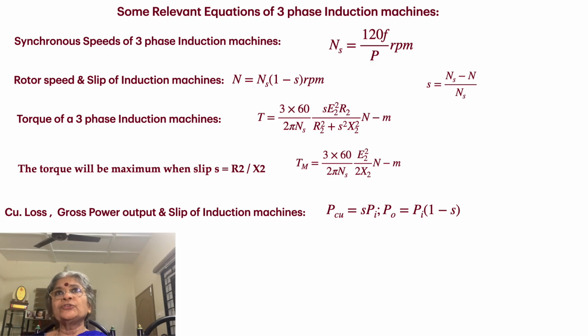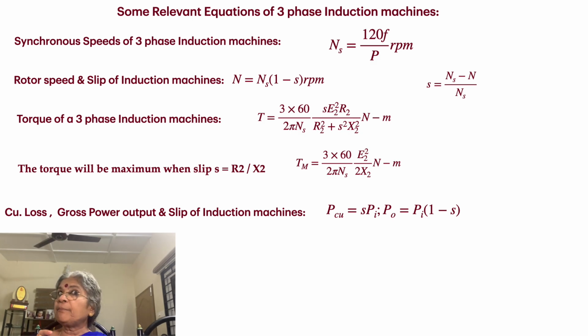We also have, as mentioned earlier, the very important aspect of torque being delivered. The torque equation is derived, but we need it only to the extent that the torque is given by 3 times, because of the 3 phases involved, multiplied by 60 by 2 pi ns, where ns is the synchronous speed, not the actual speed.